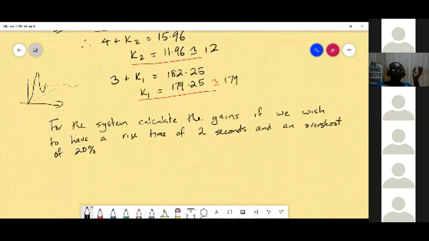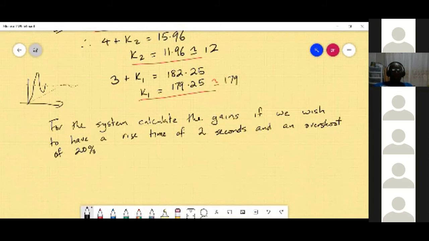So whenever we start talking about controlling parameters, like I said, we also have to be realistic, and some of them we might not be able to achieve, but more on that. All right, so rise time of 2 seconds and overshoot of 20%.